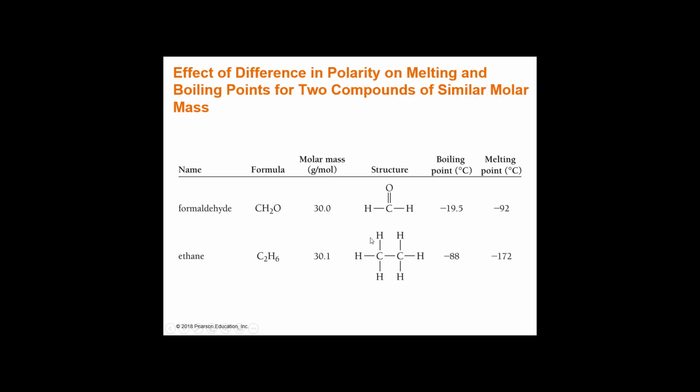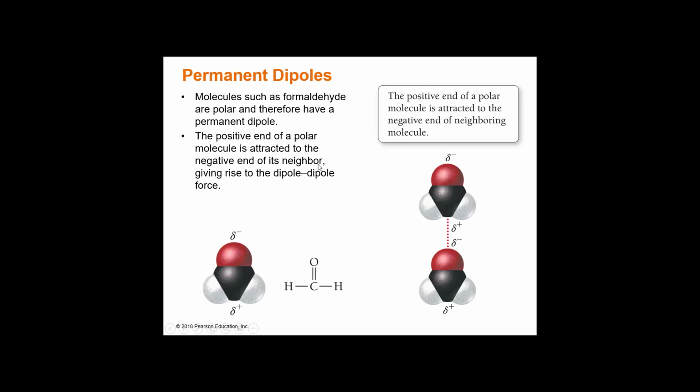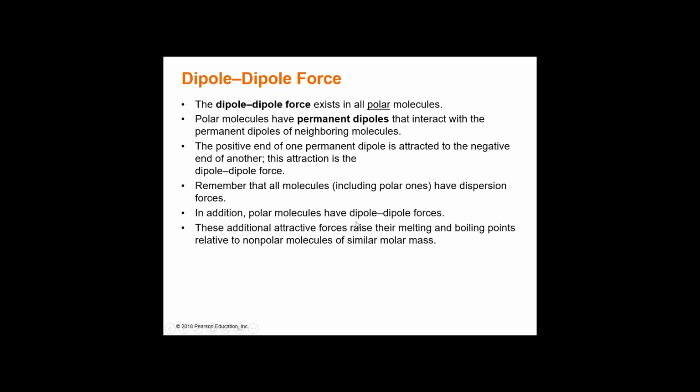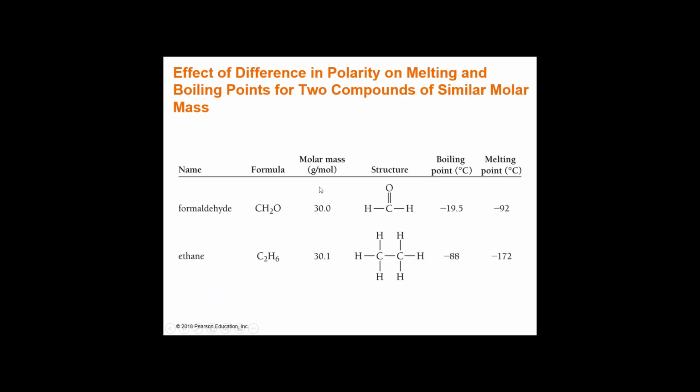So, the effects of polarity on melting and boiling points for two similar compounds. The additional attractive forces raise the melting and boiling points relative to nonpolar molecules of similar mass. Here we have two compounds with similar masses, but ethane is nonpolar. It's very symmetrical. Carbon and hydrogen, if you remember from chapter 10, are very similar in electronegativity, so there's no big tug of war going on between them. We can consider it negligible in this case.